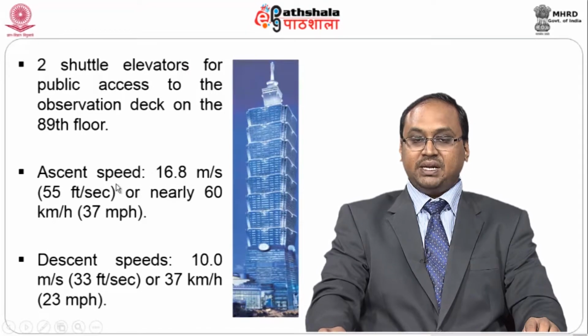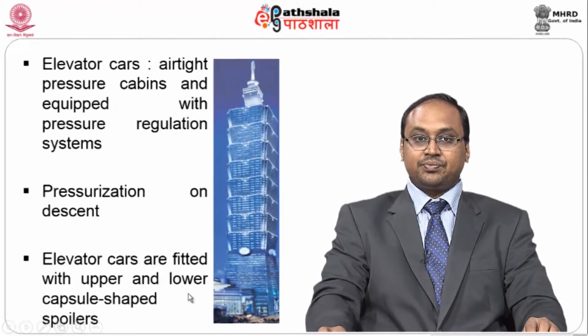The ascent speed is 16.8 meters per second or nearly 60 kilometers per hour, whereas the descent speed is 10 meters per second or 37 kilometers per hour. You may clearly notice that the ascent speed is more than the descent speed. The elevator cars are airtight pressure cabins and equipped with a pressure regulation system.